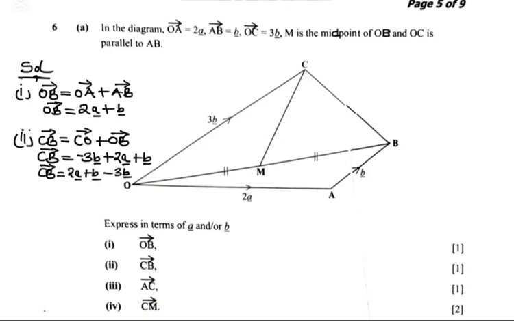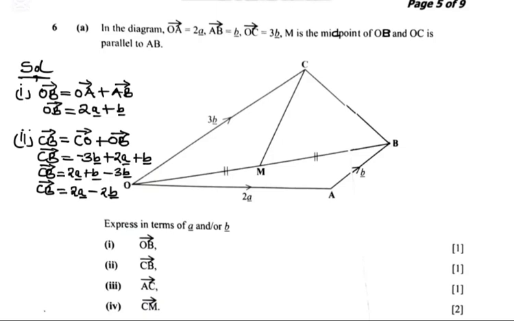So we just need to subtract B vector minus 3B vector. So CB vector is going to equal 2A vector, B minus 3B. This gives the negative 2B. So the answer on CB vector is simply 2A vector minus 2B vector.